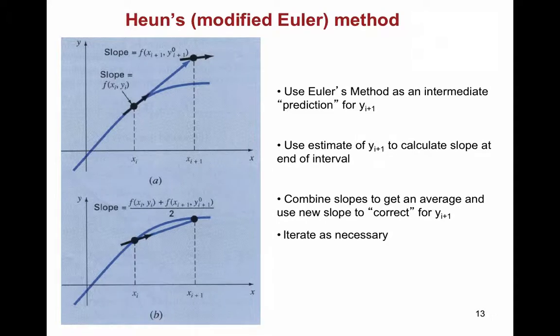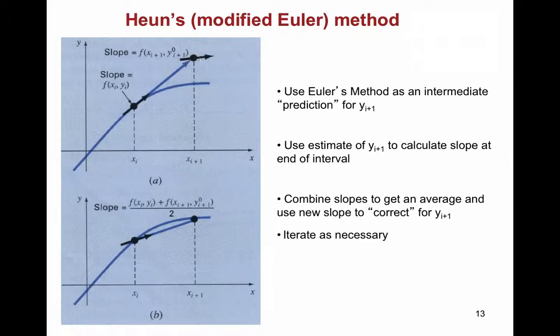So the first modification we can do is the following. If I did Euler's method, it would take me, in this particular case, to this point. And I can see that I went too far, so this slope was too steep. So one modification I could do is this: this is the point where the method would take me.